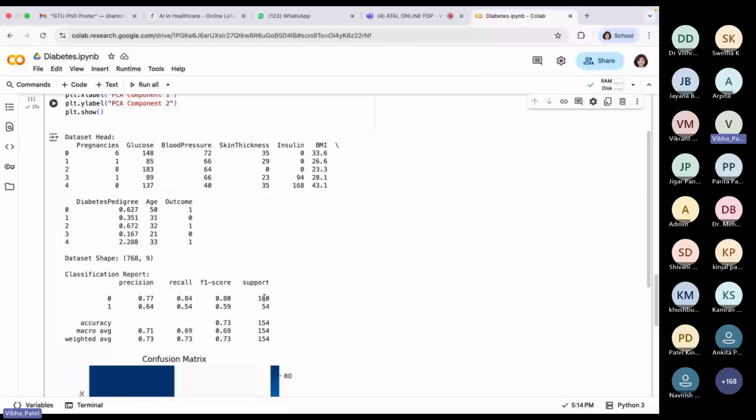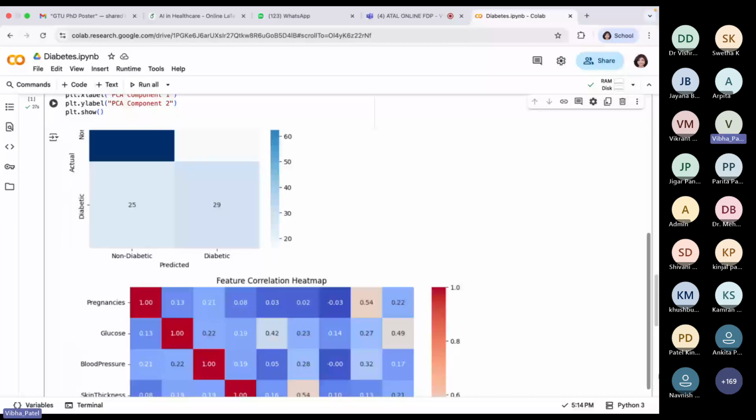For non-diabetic 100, and 54 is the quantity of data used in the diabetic category. So since there is an imbalance in the data, this in turn is reflected in the results that have been generated. So the outcome is actually shown in terms of accuracy.